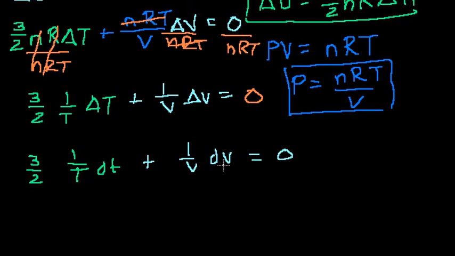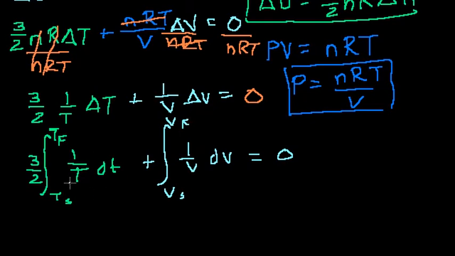Remember, dV just means a very, very small change in volume, and dT is an infinitesimally small change in temperature. And now I want to integrate over the total change in temperature and the total change in volume. So I want to go from temperature start to temperature finish, and this will be going from volume start to volume finish.